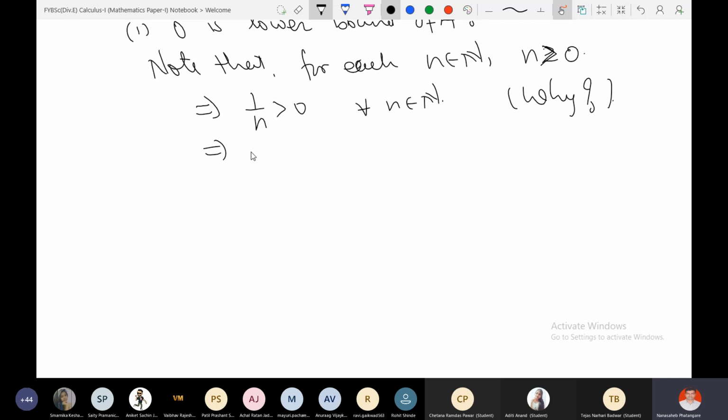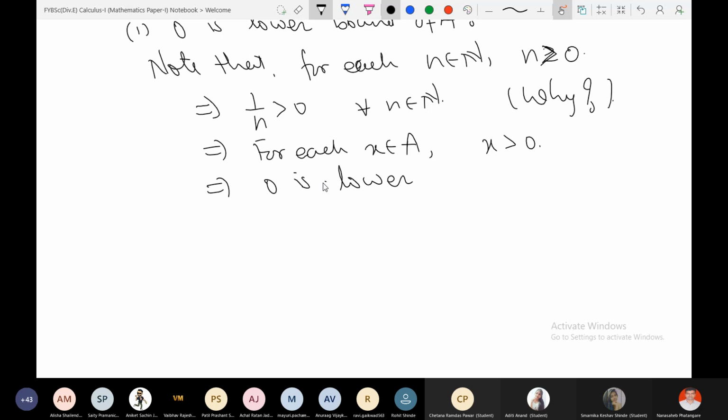Therefore, for each x belonging to set A, x is greater than 0, or greater or equal 0 you can say, but it is strictly greater than 0. Therefore, 0 is a lower bound of set A. So this is clear.